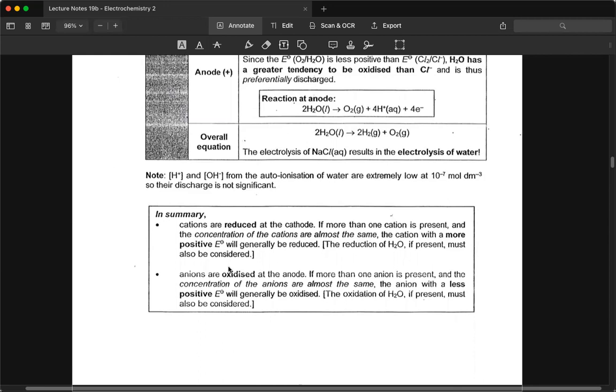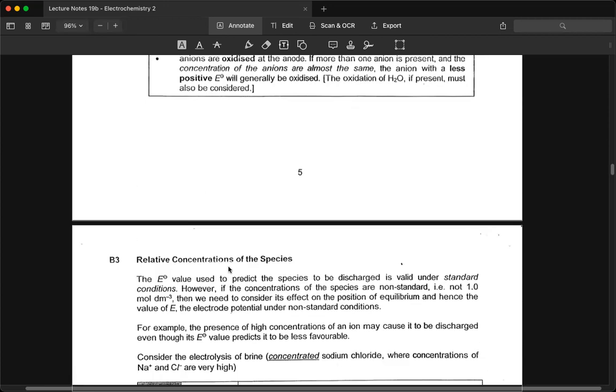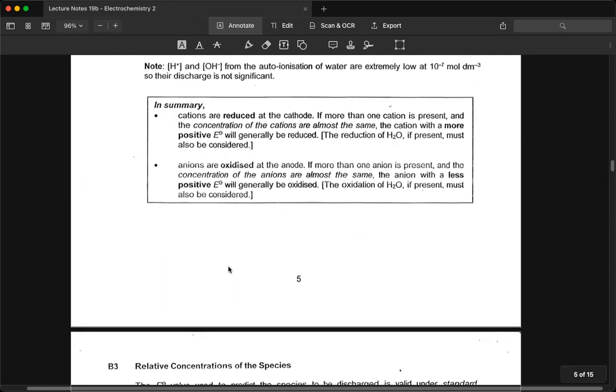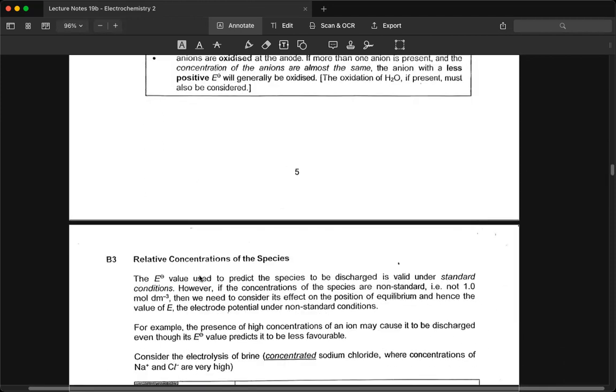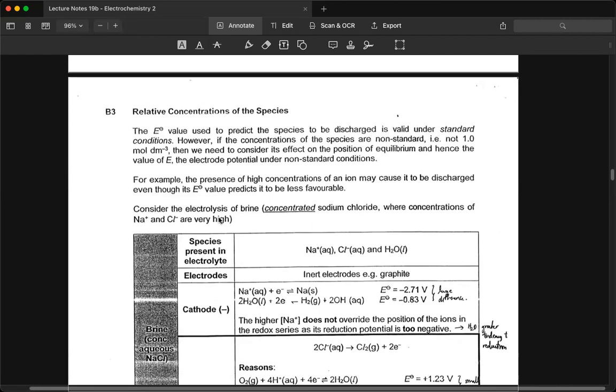But if we have more than one anion present and the concentrations are almost the same, the anion with a less positive E0 value will be oxidized. If we have an aqueous solution, normally we will consider water being reduced and oxidized. Now, the E0 value is used to predict the species to be discharged. It's valid under standard conditions.